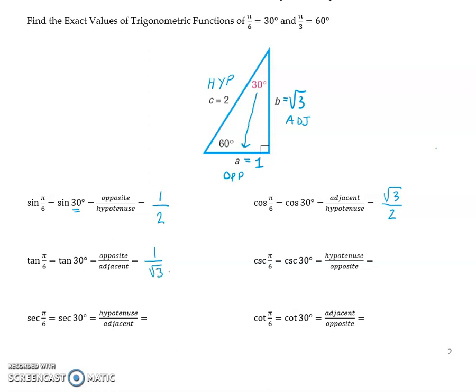So let's go ahead and rationalize this one. We're going to be multiplying top and bottom by radical 3. And when we simplify this, we're going to get radical 3 on top and a positive 3 on the bottom.